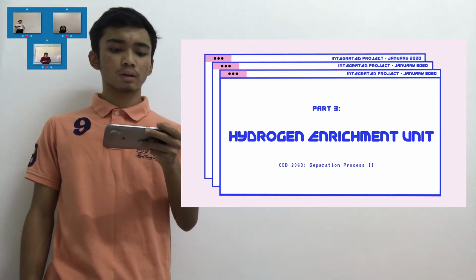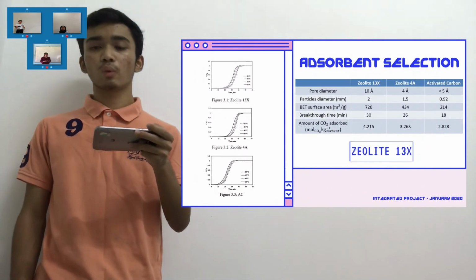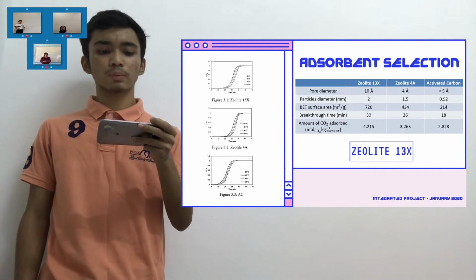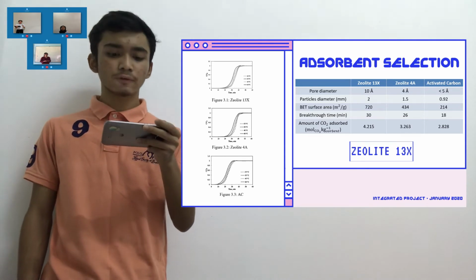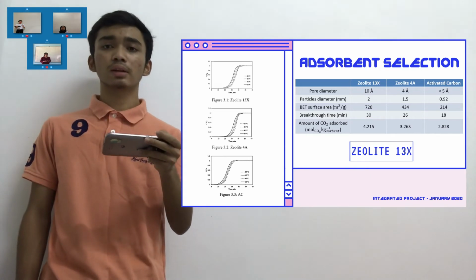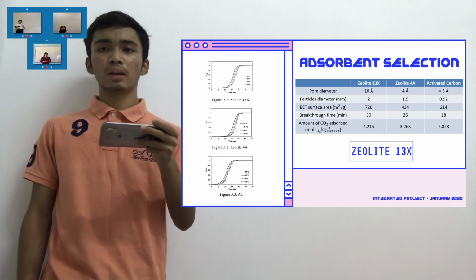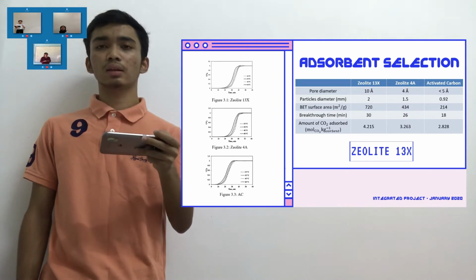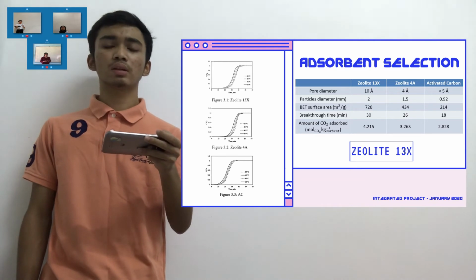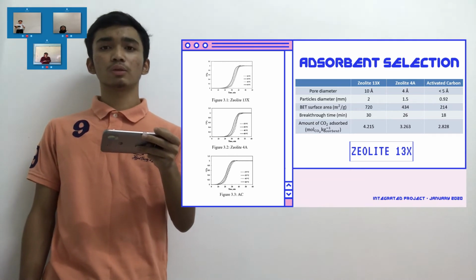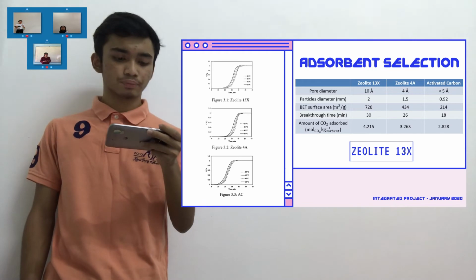Let's see the choices of adsorbent that we have and what type of adsorbent is suitable for the process. We have selected 3 different adsorbents, which are zeolite 13X, zeolite 4A and also activated carbon, that had been investigated at ambient condition, which is temperature equal to 25 degrees Celsius and pressure equal to 1 atm.